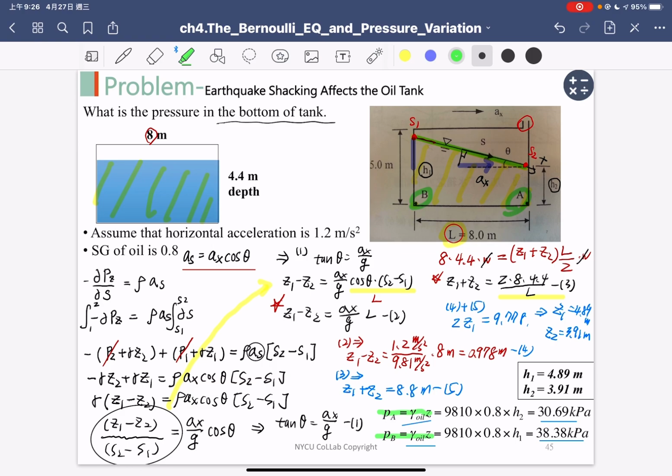Okay, so if you design the height here not large enough, then when the earthquake shaking happens, your oil will flow out, right? If the height is not large enough, the oil will flow out.